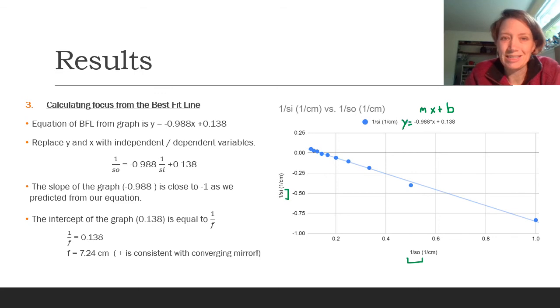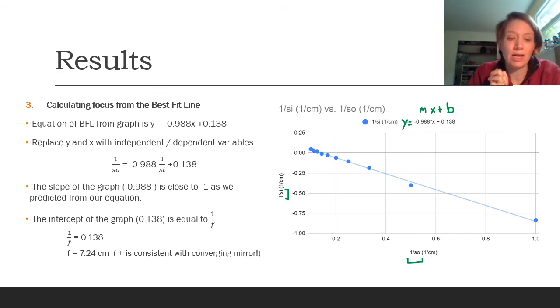It's always good to take a second and make sure that your answer is consistent with what you know about the setup. In this case, we know that the mirror itself was creating both virtual and real images based on the positive and negative sizes of those images, or locations of those images.